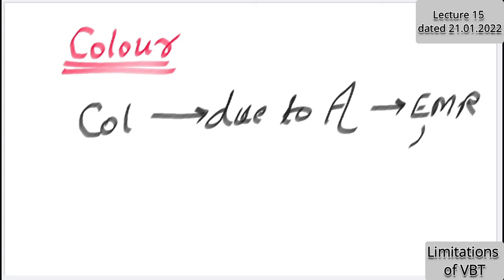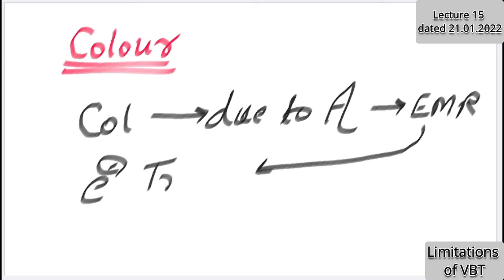What happens because of absorption? Electronic transition or excitation occurs. An electron moves from one level to another level. Levels should be there, then excitation will be possible. Here, as per valence bond theory, all d orbitals are of one energy level. There is no splitting, no energy gap, no separate levels. If levels are not there, excitation is not possible.